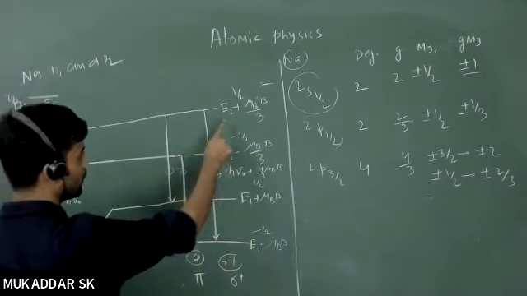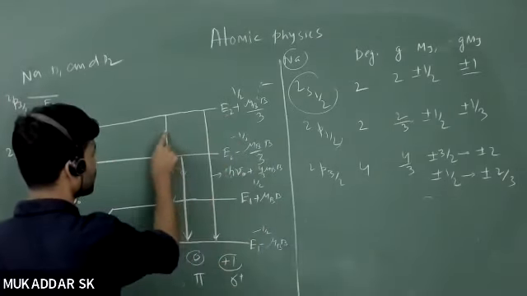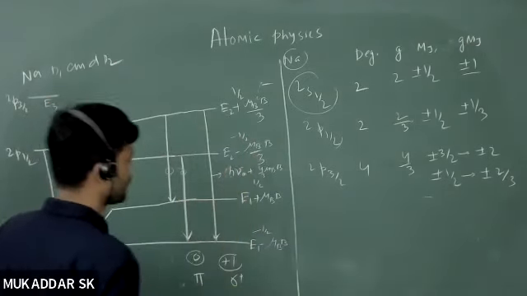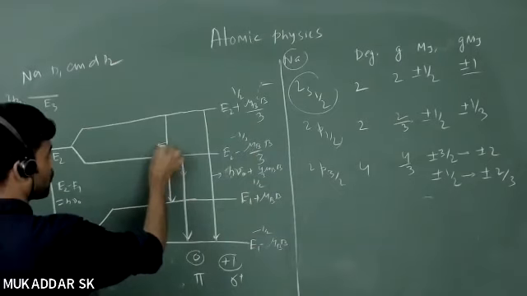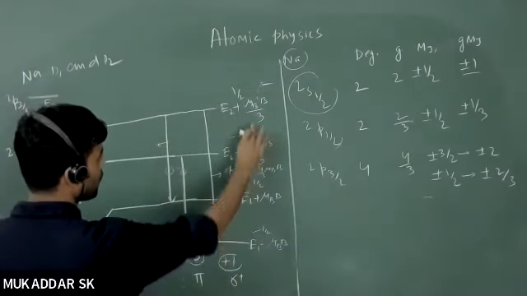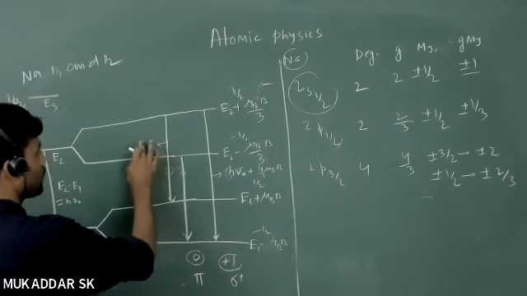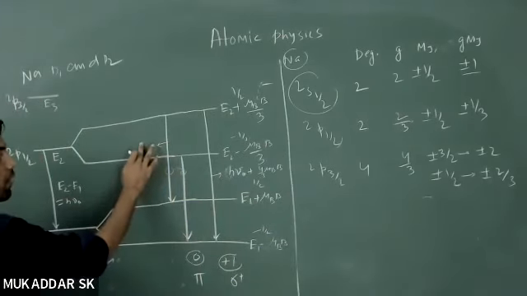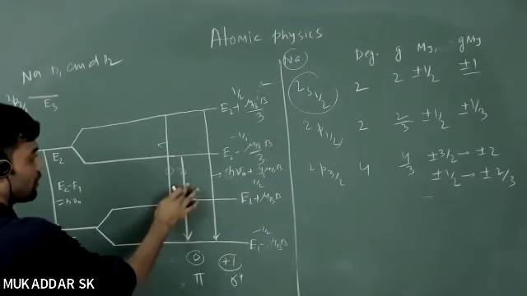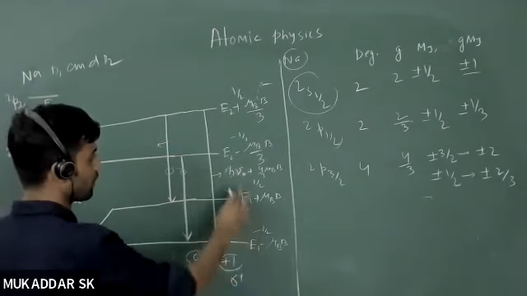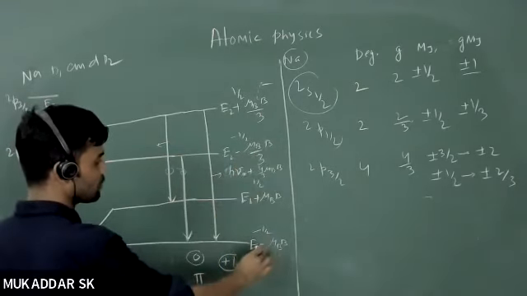So if you subtract, for this line you will get E2 minus E1 minus 2 by 3 mu B. You can check: E2 minus E1, mu B by 3 minus mu B. So it will give you E2 minus E1 minus 2 by 3 mu B. But for this line, can you check the energy? So it will give you E2 minus E1 minus mu B by 3 plus mu B.